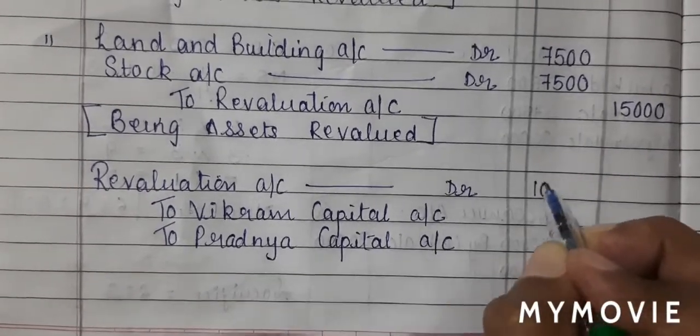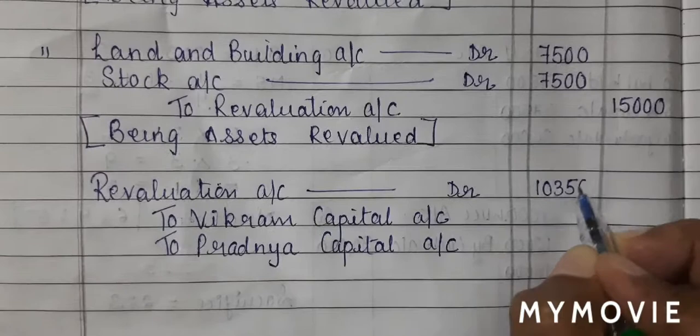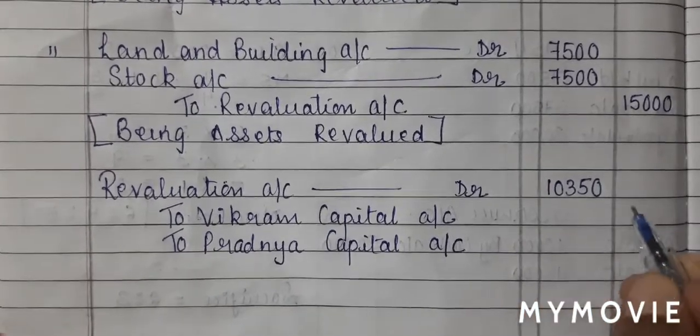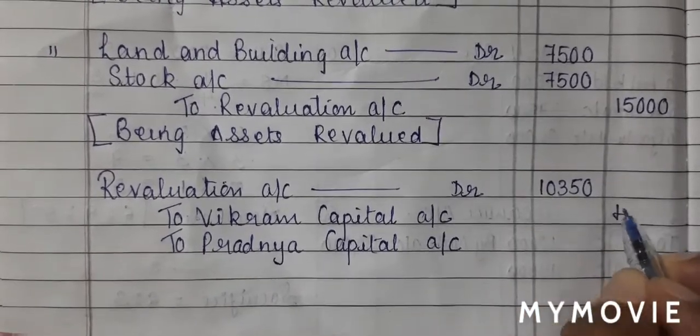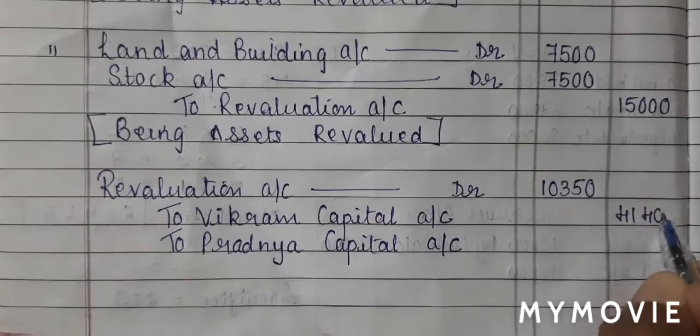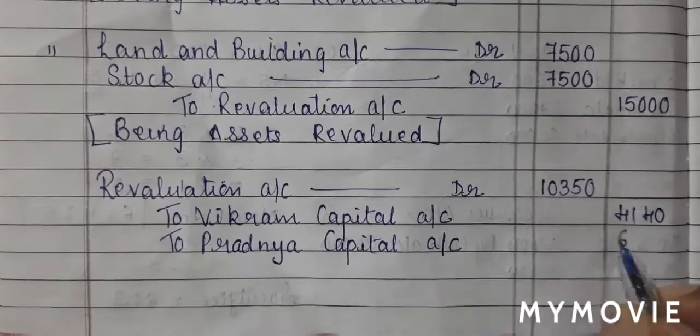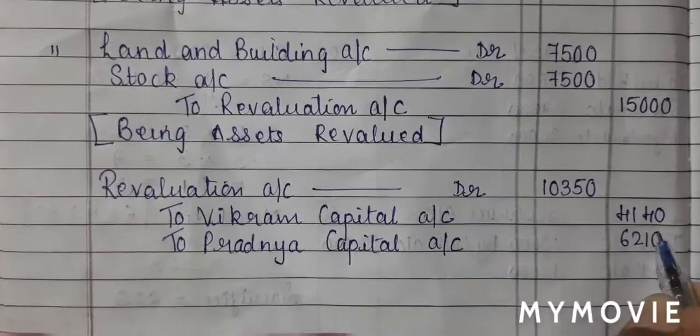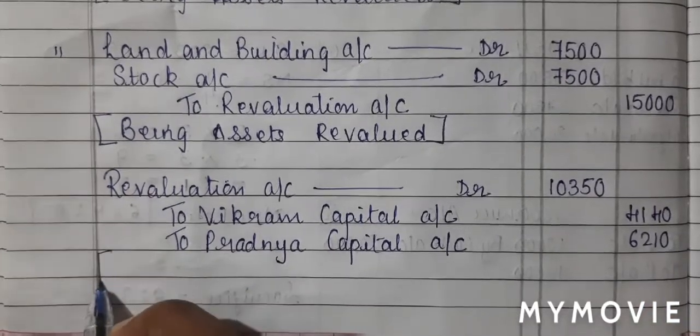Revaluation amount was 10,350, which we distributed among Vikram and Pradnya. Vikram was 4,140 and Pradnya 6,210 rupees.